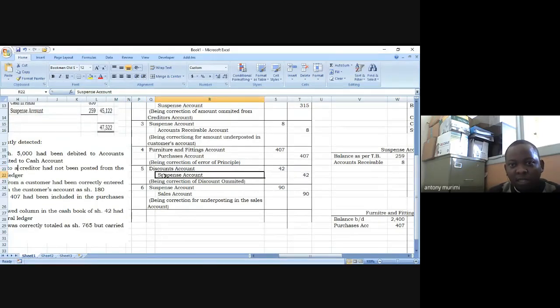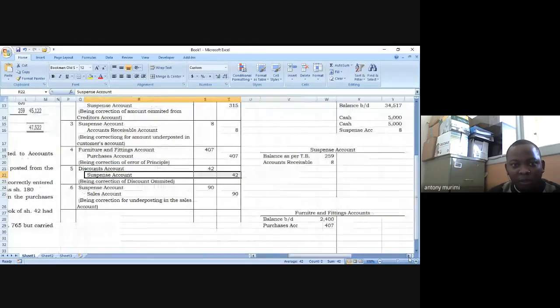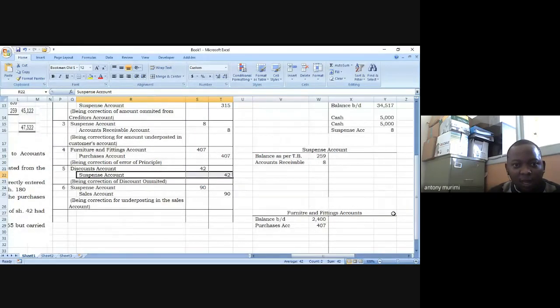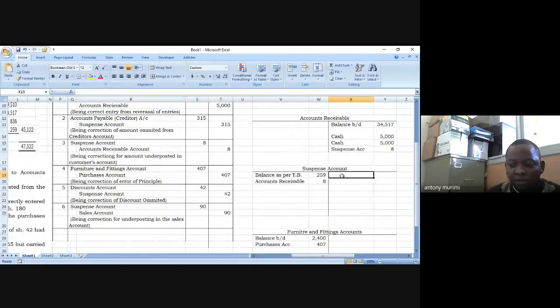So the only entry here shall be for the suspense account. On the suspense account here, we shall credit by discount account. So credit suspense account as per correction number 5, by discount. This should have been discount allowed, not discount received.